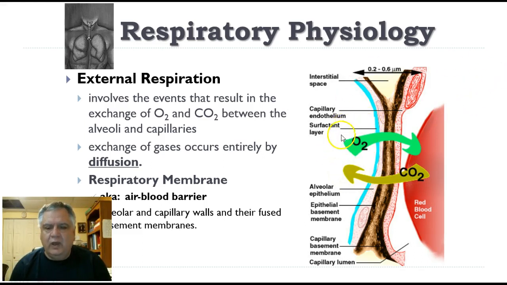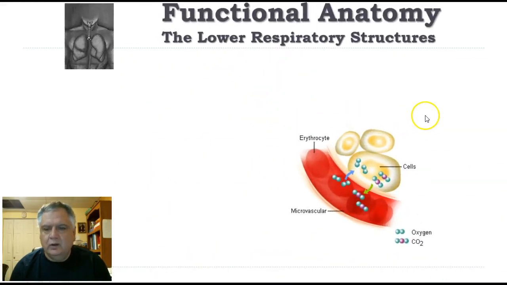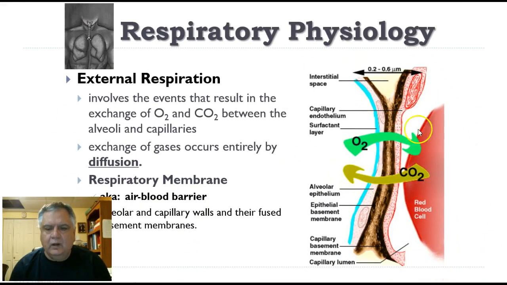So the exchange of oxygen and carbon dioxide is going to occur across this respiratory membrane. Let's go back to that just a minute. Okay, so how it occurs is, we take a nice deep breath, we load up those alveoli with oxygen, and now you have a higher concentration of oxygen here in the alveolar sac. The blood has been circulating around the body, delivering oxygen, so it's going to be depleted of oxygen.